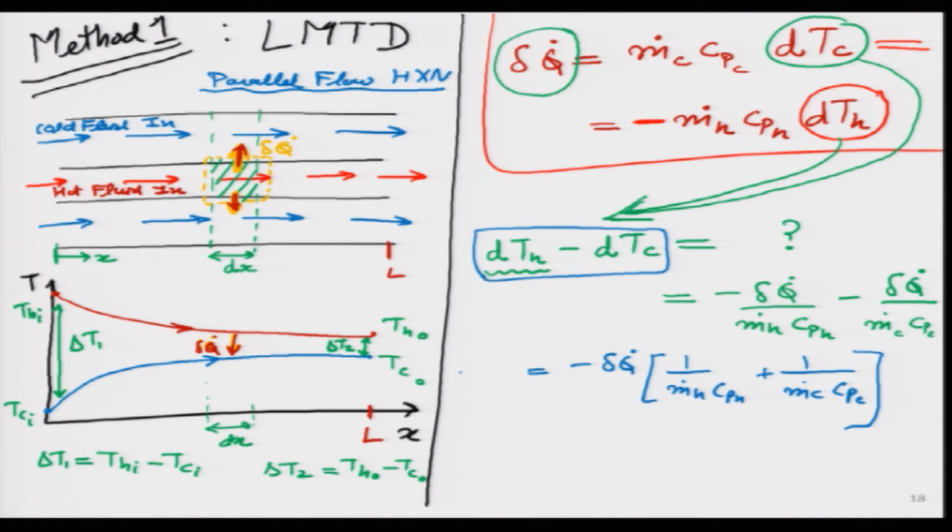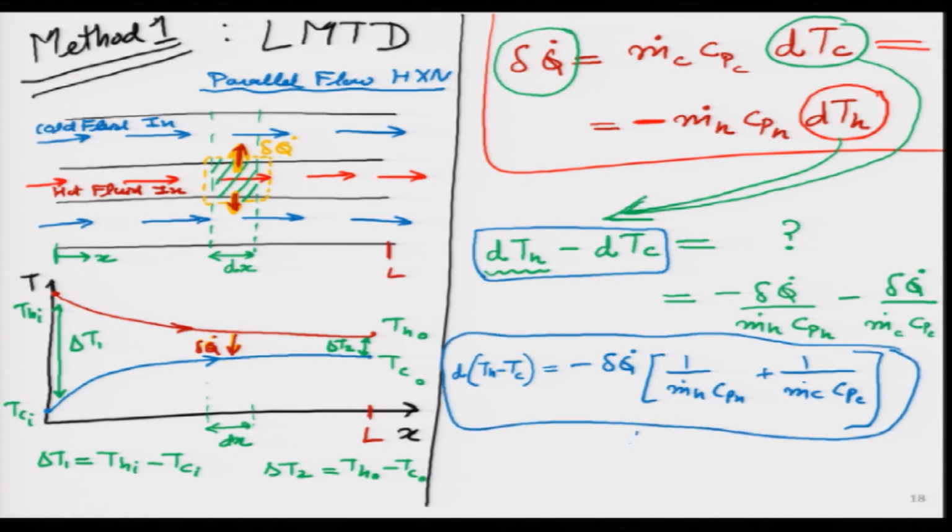Can I combine it together and put it in this delta T_H minus delta T_C term? I think I can do that. So, this is just some mathematical jugglery I am doing. Please revise your differential and integral calculus if you are having any difficulty with this. So, this I put a blue star over here. This is a very interesting equation.